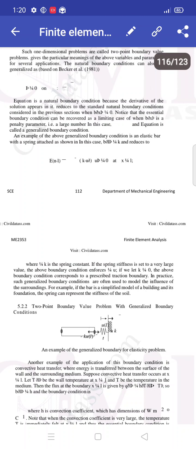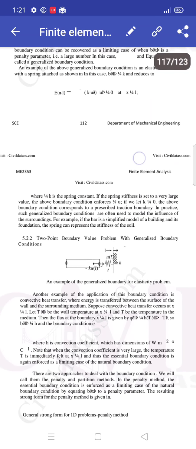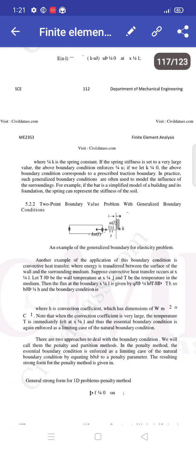In practice, such generalized boundary conditions are often used to model the influence of surroundings. For example, if the bar is a simplified model of a building and its foundations, the spring can represent the stiffness of the soil. This is the two-point boundary value problem with generalized boundary conditions.